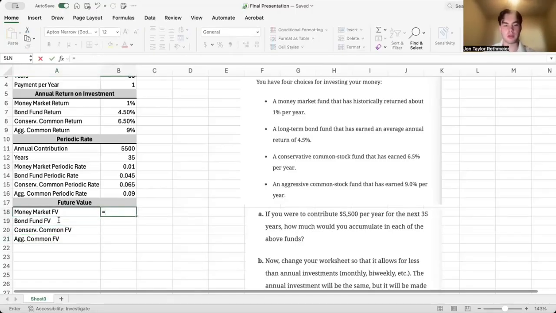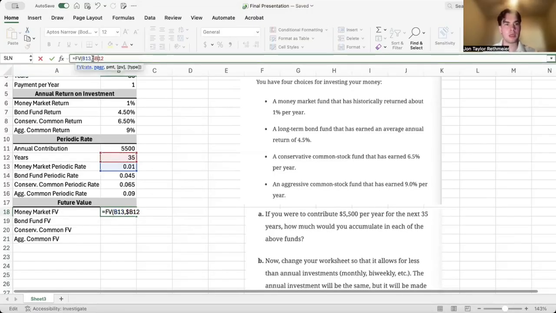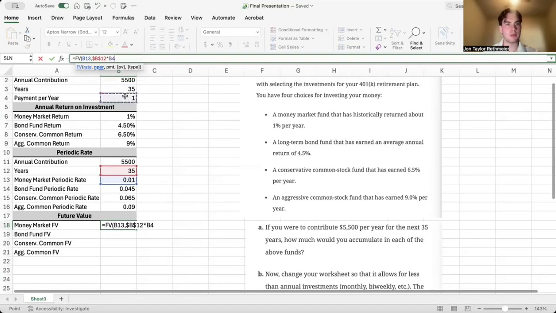We use a future value function. We have the rate, which is this, and then we have the number of years, and then we multiply this by before to connect the cells, and then we have our annual contribution, also divided by 4.